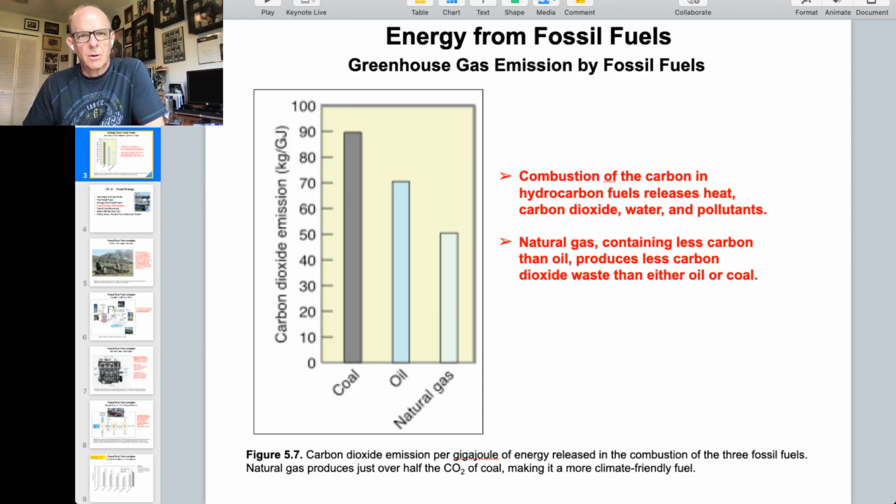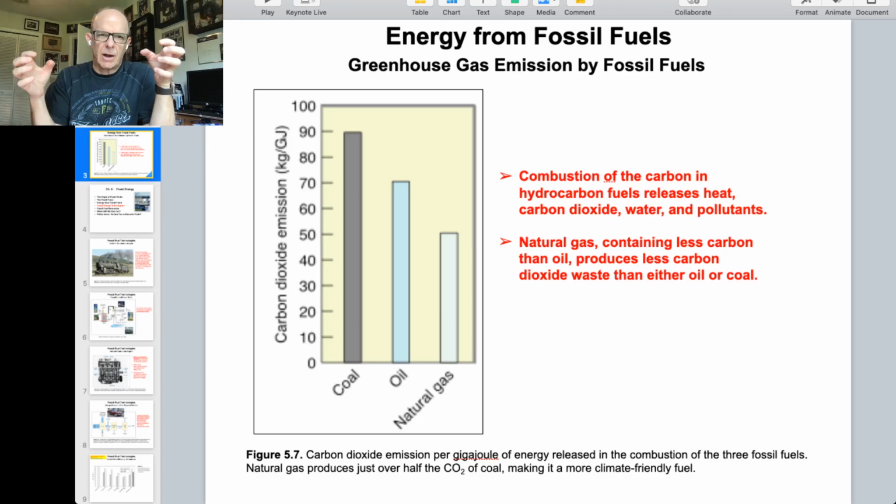And the stored energy in fossil fuels is in the form of hydrocarbon molecules, long molecules with oxygen, hydrogen, and carbon in them. And as we've said before, those atoms in those molecules are arranged in such a way that they can be thought of as having a bunch of compressed springs in them, and the electronic bonds between the atoms are compressing those springs.